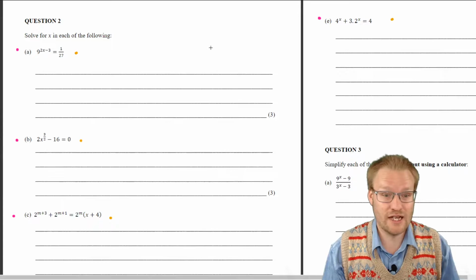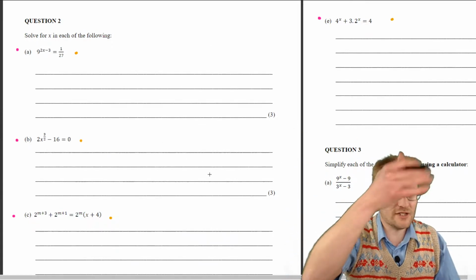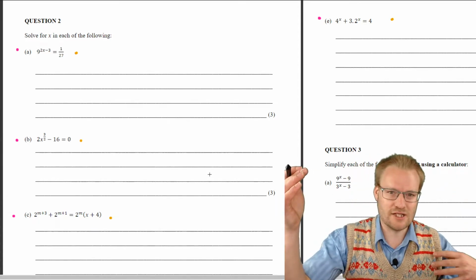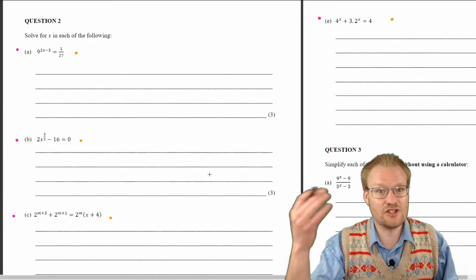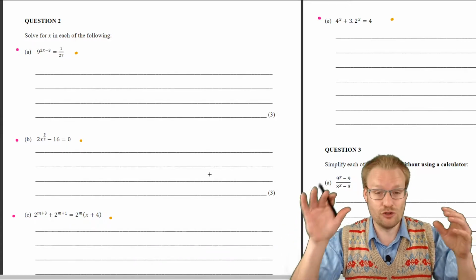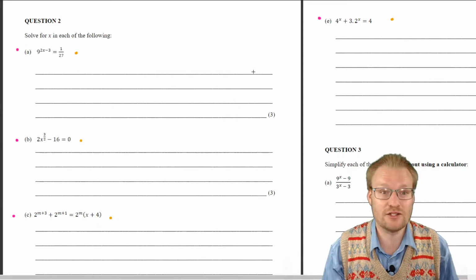Do we just have a bunch of 2s, 2 to the something, 2 to the something, 2 to the something, or do we have 2 to the something and an 8 to the something? In which case we're going to prime factorize and change that 8 to 2 cubed, 2 to the power of 3, because then you'll have the same base. So can you work the question so that you've got the same base all the time?